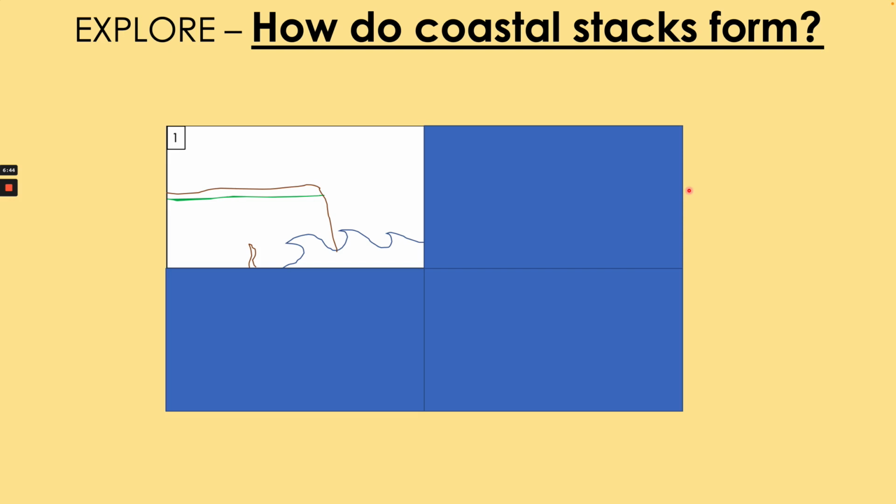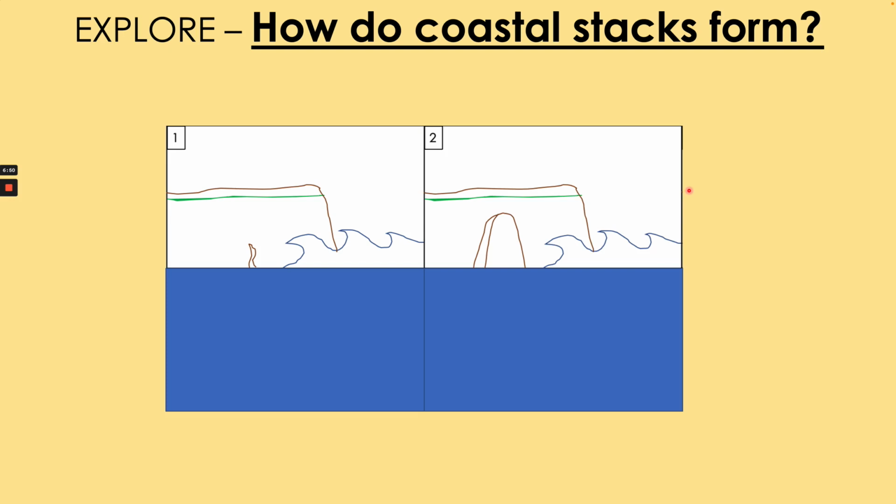Eventually, if the cave forms on the side of a headland, it may go all the way through to the other side, forming an arch. Now, the arch widens over time due to continued erosion, and weathering, biological, chemical, mechanical, occur along the roof of the arch, and consequently, eventually, the roof of the arch collapses.